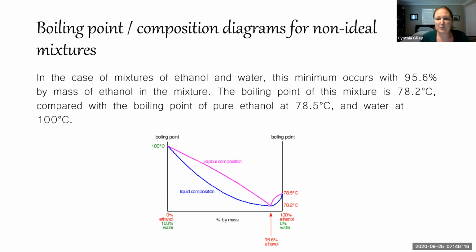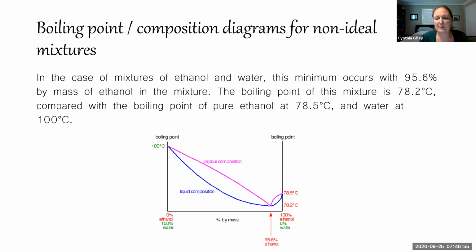And you might not think that the 0.3 degrees Celsius is going to make much difference, but it actually does, because it means that if you have any liquid mixture of ethanol and water that starts off with a lower percentage of ethanol than 95.6%, when you fractionally distill, the maximum percentage of ethanol you can get in the distillate is 95.6%, which means it's impossible to completely purify ethanol from water using fractional distillation, right?